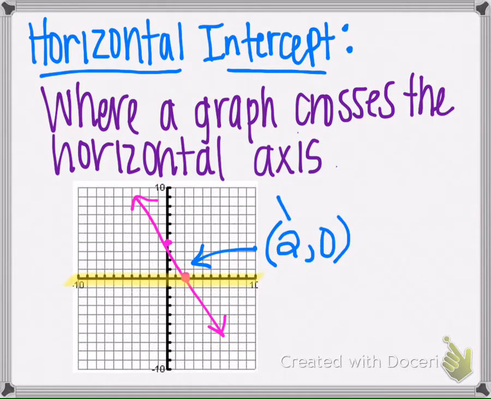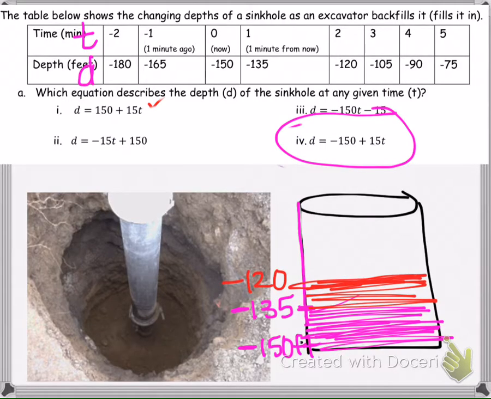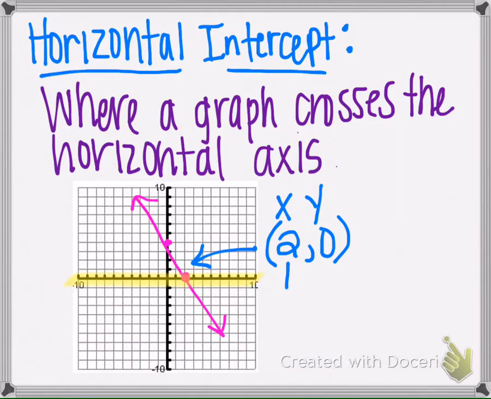So if we're talking about x and y, it's when the y value is 0. Now in this problem, we're using t for time and d for depth. So it's when the depth is 0.